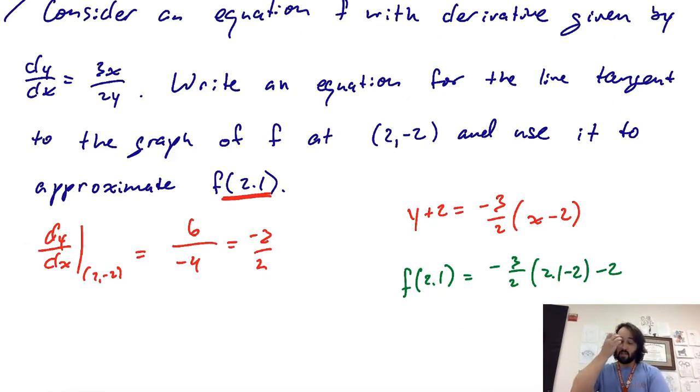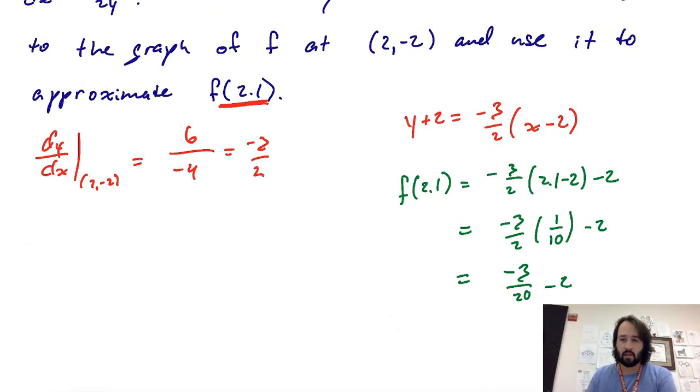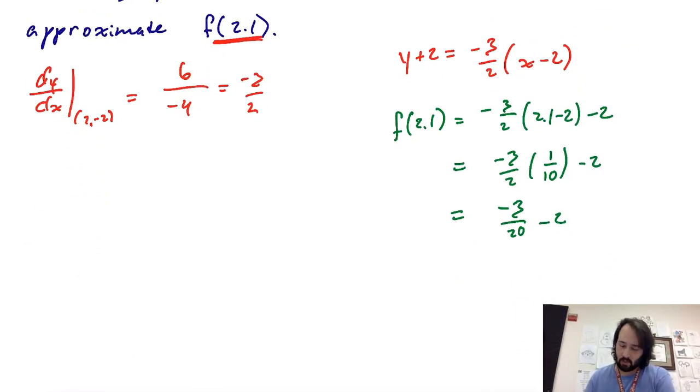Right, and I would change that 2.1 minus 2 into 1/10, just so I can keep it as a fraction. So this would be -3 halves times 1/10 minus 2, which would be -3 over 20 minus 2. And 2 is, what, 40 over 20? So this would be about -43 over 20.